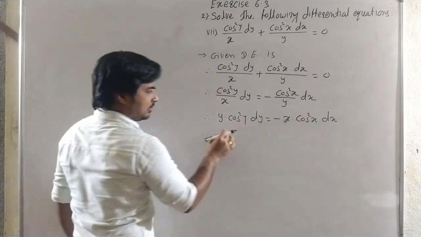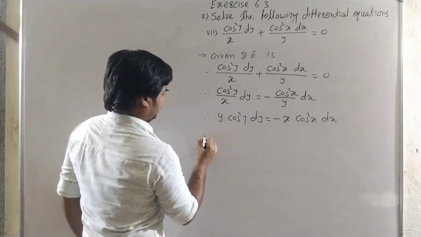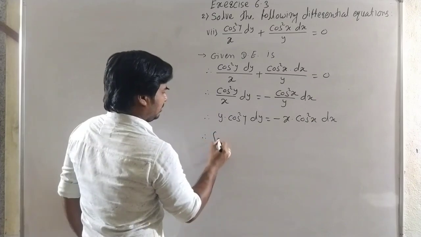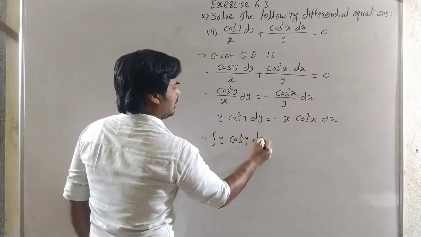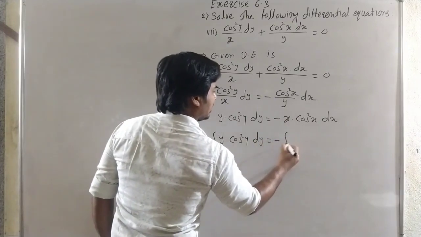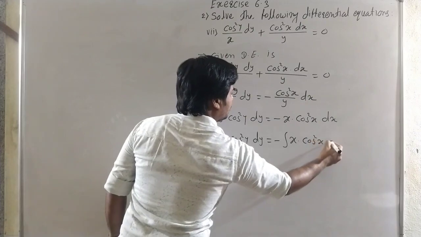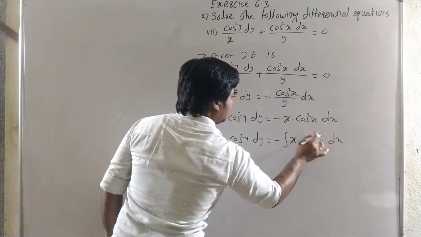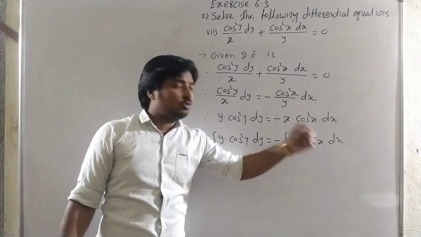Now the variables are separated, taking the integral on both sides. Therefore the integral of y into cos square y dy is equal to minus the integral of x into cos square x dx. Now first we integrate these two functions, y into cos square y and x into cos square x.